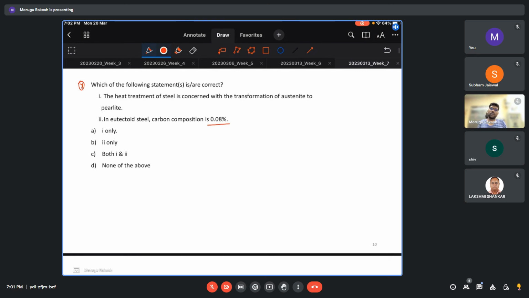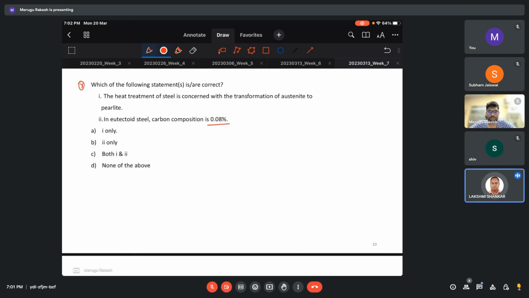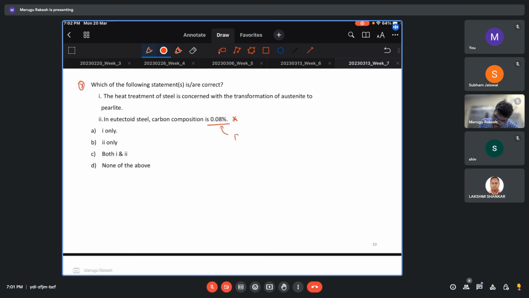Generally 0.8 is for plain carbon steels, yes, it is 0.8 exactly. So I think option 2 is wrong. This is for plain carbon steels. So this is correct, and we have only option A.